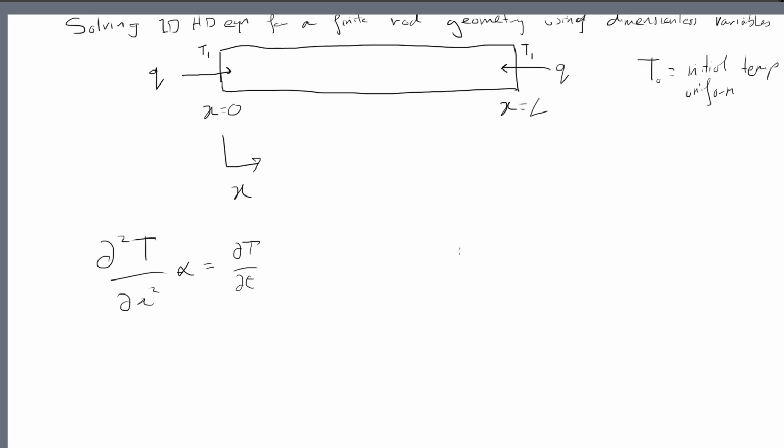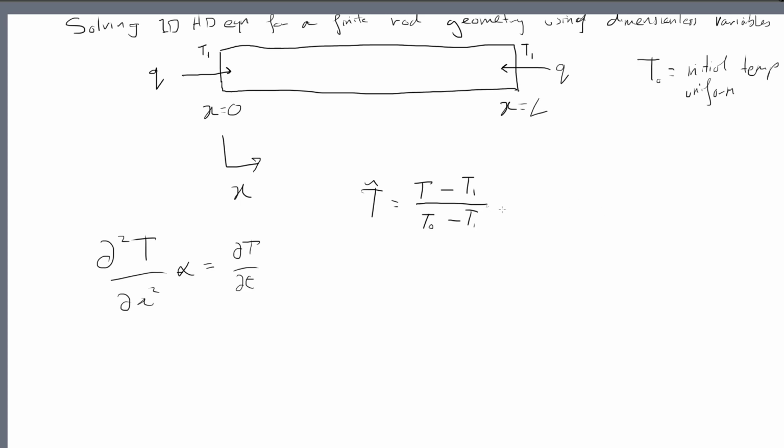And what we're going to do is use something called non-dimensional variables, and I'm going to put up a video where I explain how to derive these, but for now you'll have to take my word for it that T hat equals the temperature T minus the temperature T1, which is the temperature when we raise the temperature of the surface, over T0, the initial temperature, minus T1.